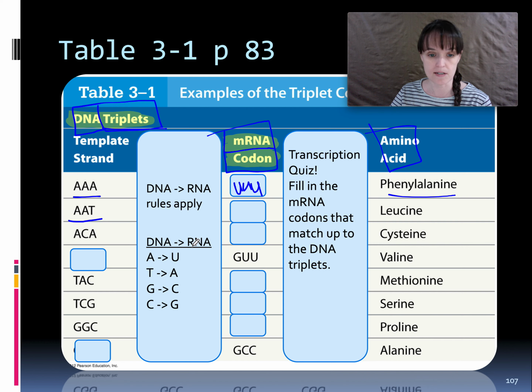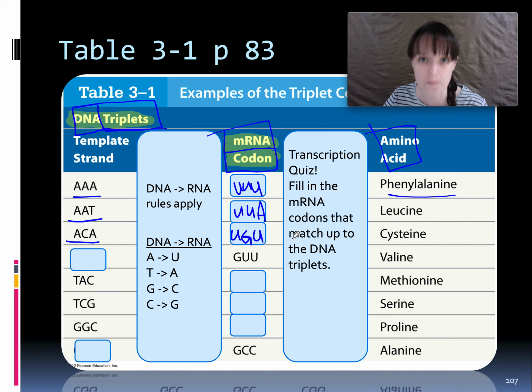So DNA to RNA rules, A binds to U. So U, U, and then T binds to adenine. ACA, that'll be U, G, U. And if I'm going too fast, you can pause these, work them out in your head, and then come back.